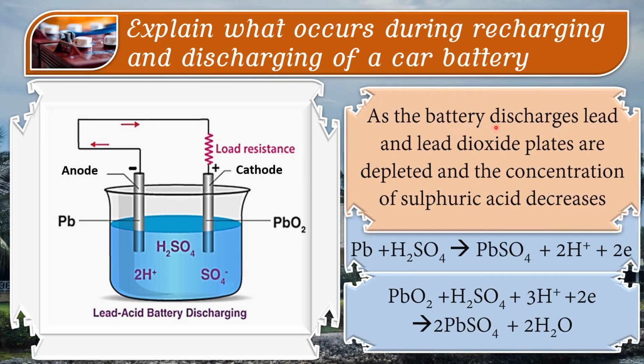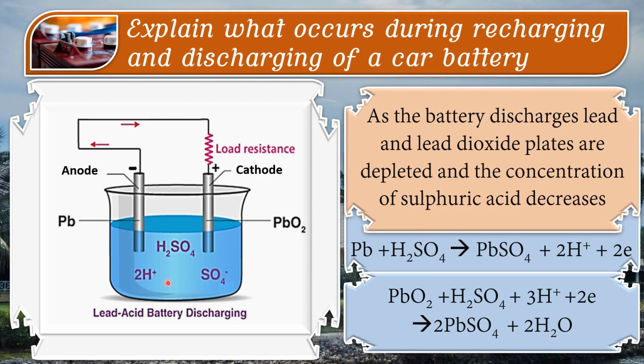So, as the battery discharges, lead in the anode and the lead dioxide plate, that is our cathode, are depleted, meaning that they go on reducing, and the concentration of sulfuric acid goes on decreasing. We are seeing that when lead ions are released into the solution, they end up reacting with the sulfate ions.